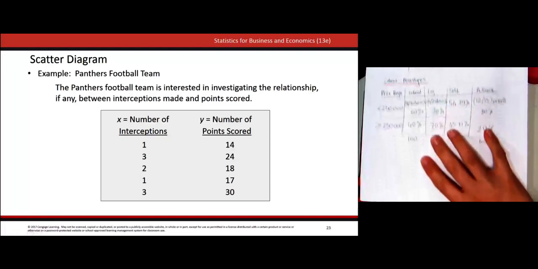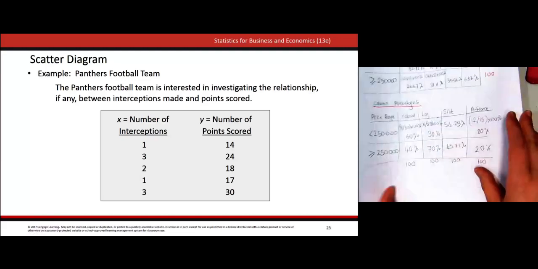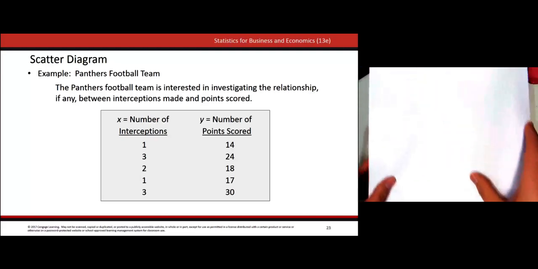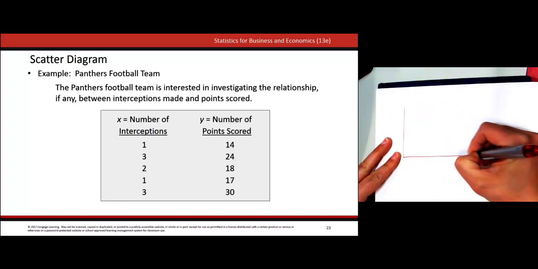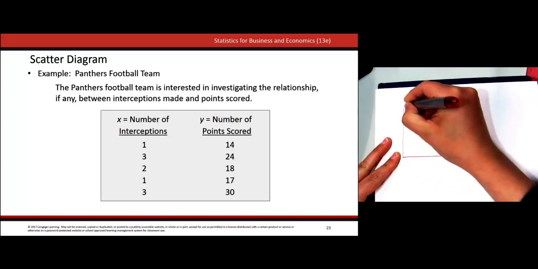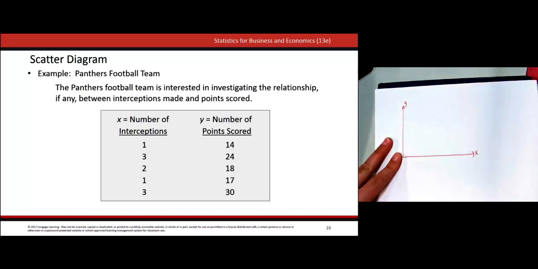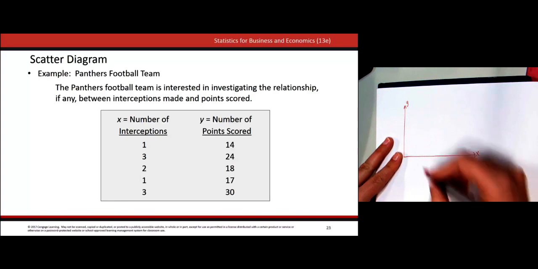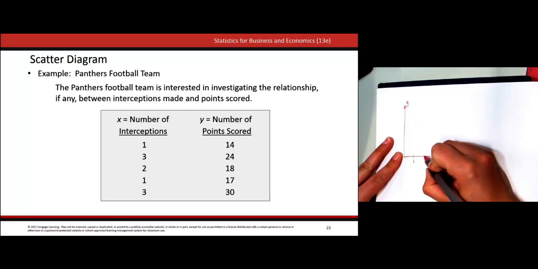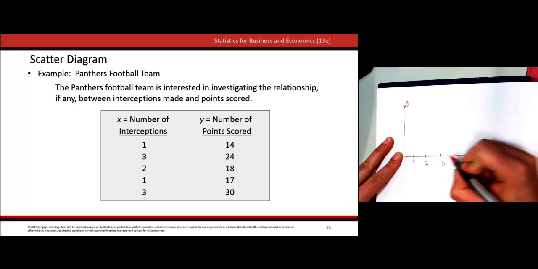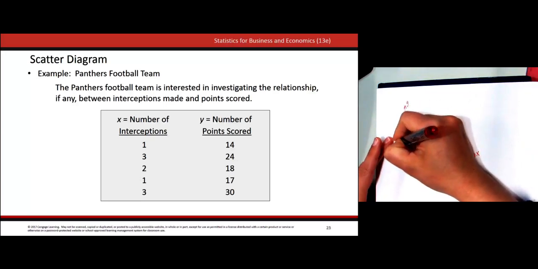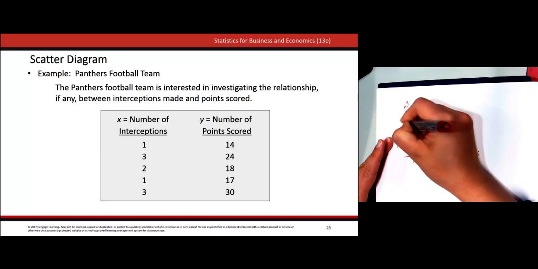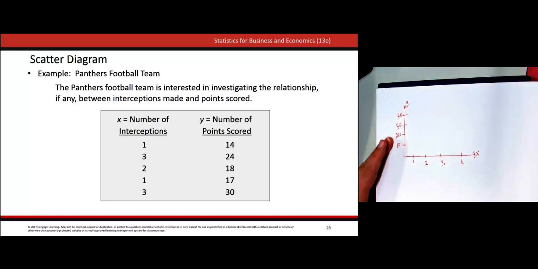So you have two variables, x and y. So x is 1, y is 14.